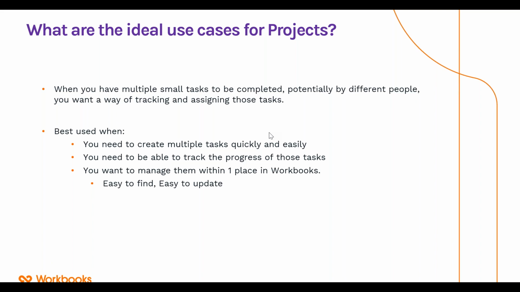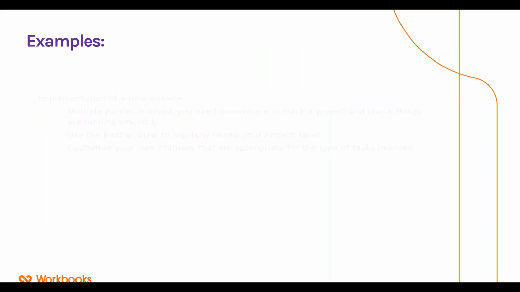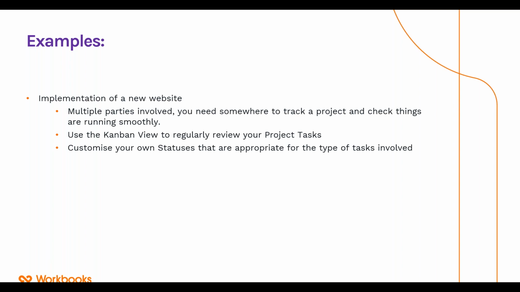I've got a couple of examples here, but by all means they're not limited to those. I'm sure you have many use cases within your own businesses. One example is perhaps an implementation of a new website or rebranding of a website. This is something that would involve multiple parties. You need somewhere to track this project and check things are running smoothly at all times.